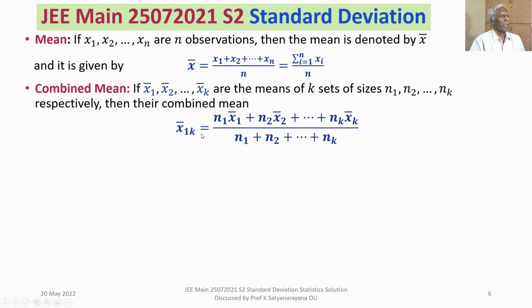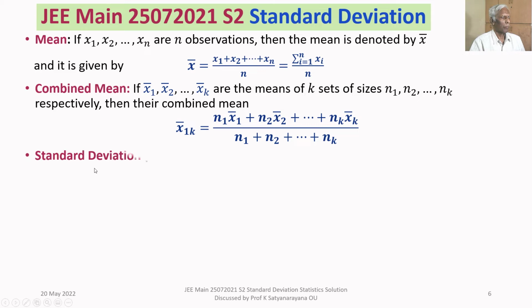So k denotes k sets and their means. It is given by n1 x1 bar plus n2 x2 bar plus etc. plus nk xk bar by n1 plus n2 plus etc. plus nk.